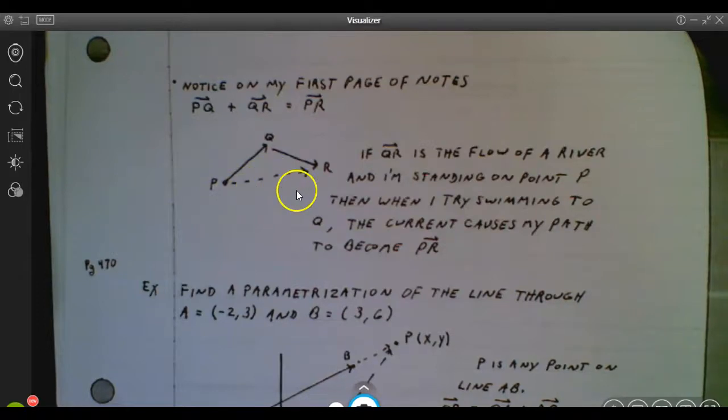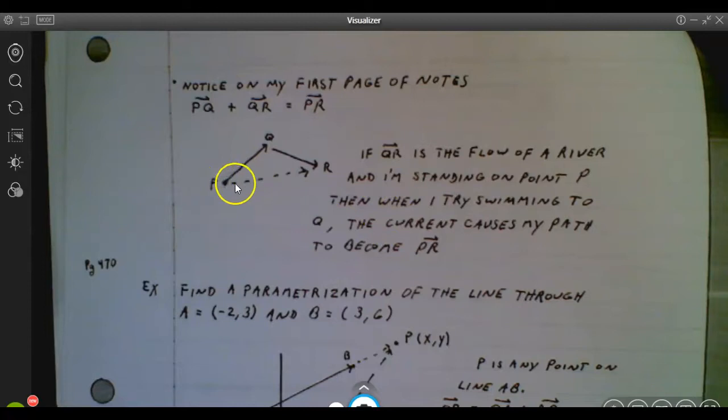So remember the idea on this, and we've talked about this before, but let's just say you're here. This is you. You're standing here, and this is the other side of the river, and I need to get from here to here. Well, if the river is flowing this direction, right, like this, I can't just jump in and swim straight across, or I'm going to end up way down here because the current is going to push me down to this point right here.